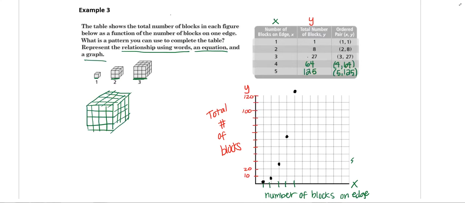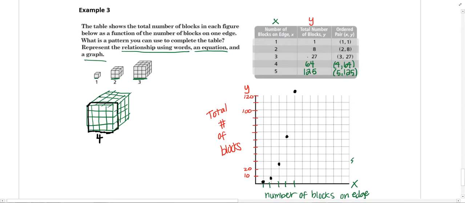Okay, so I drew out, to the best of my ability, what it would look like if you had a 4-edged cube like this. And it's going to be a little bit more difficult to figure out where, like, you have to imagine how many blocks are there. So you might want to start thinking about it in layers. So in one layer here, the front layer, there are 16 blocks.